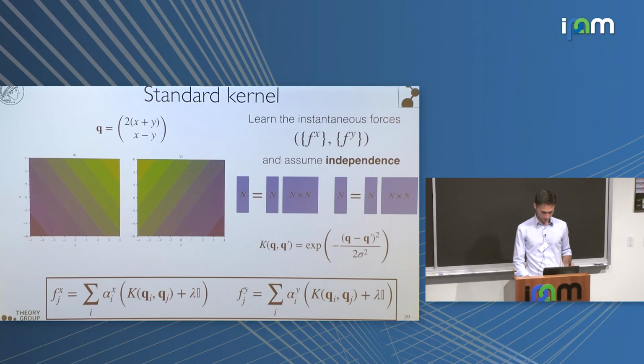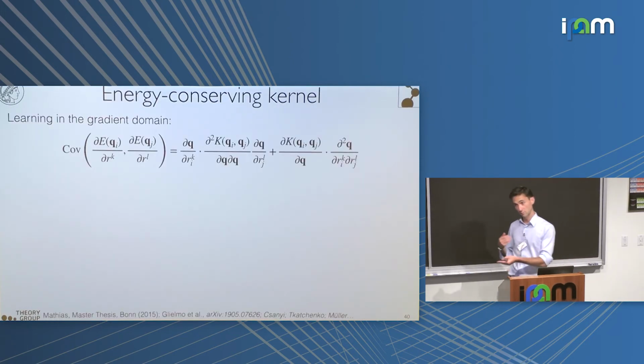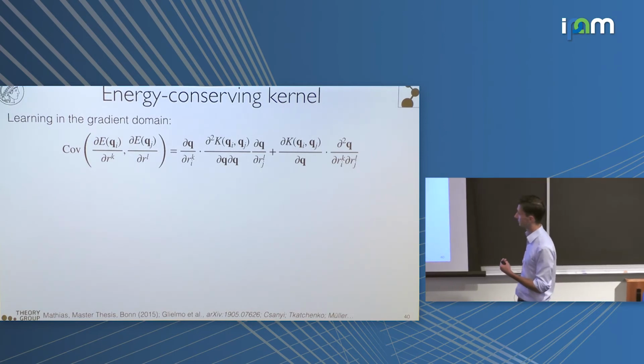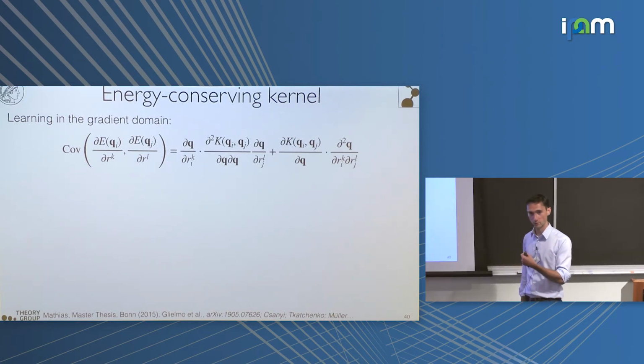I'll show you the result in a second, but I also want to compare with an energy conserving kernel. The way you can show how the kernel comes about is the following: I want to build a kernel between two forces which are energy derivatives. A kernel is a covariance matrix, and the derivative is a linear operator, so I can take it out of this covariance matrix.